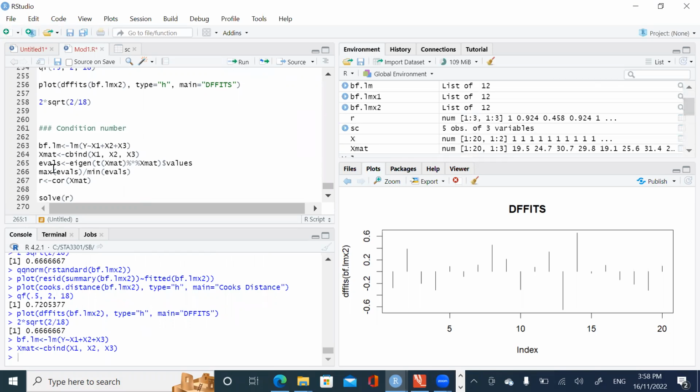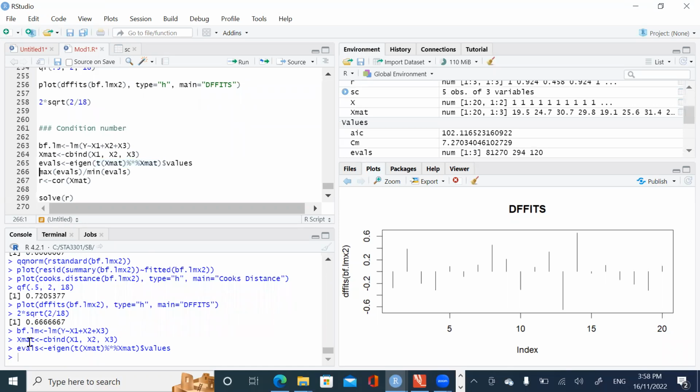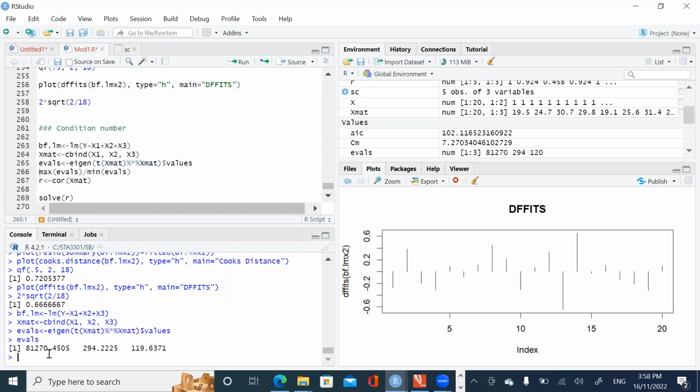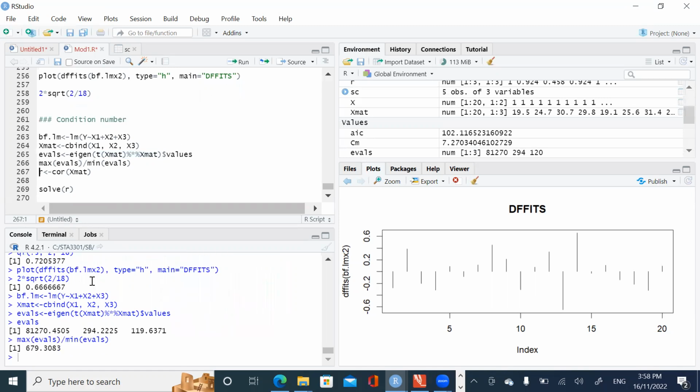So here is the eigenvalue formula: eigen of t(X) %*% X, and if I write $values, it will give us the eigenvalues. These are the eigenvalues. Now if we divide the maximum eigenvalue by the minimum eigenvalue, you will get the condition number.